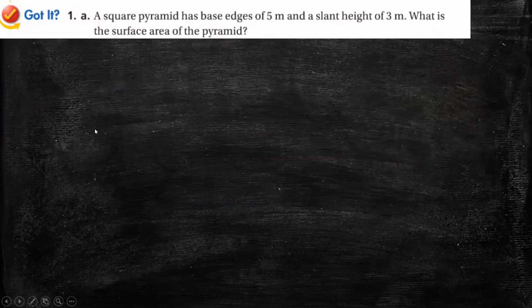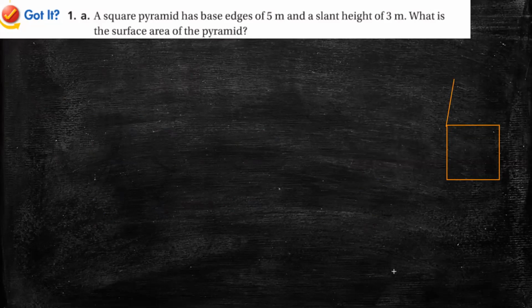Now, another example here. A square pyramid has a base edge of 5 meters. So here, from its name, we have a square. The base here is a square. We have sides.